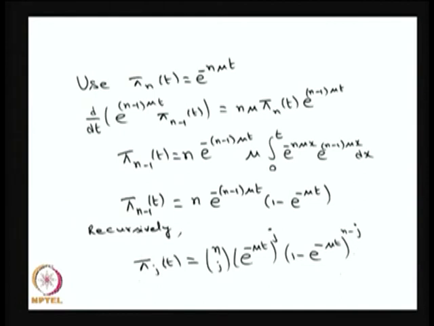Suppose the system is in the state j, that means from the state n this many combinations would have come, and the survival probability is e power minus mu t, to that power. So, this is nothing but the probability p power j and 1 minus p power n minus j. Therefore, this pi j follows a binomial distribution with the survival probability e power minus mu t of being in the state j.